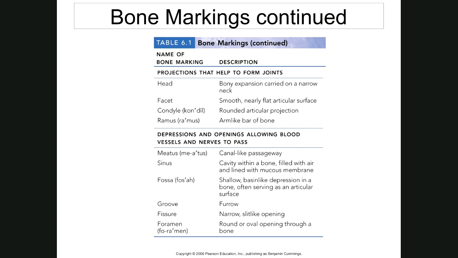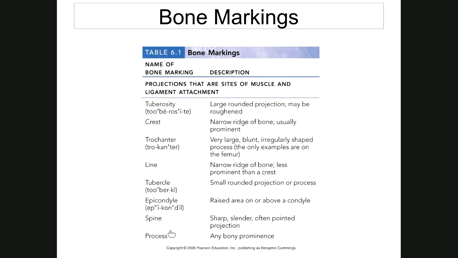A spine: a sharp, slender, often pointed projection. We will see several spines too. Some of these spines have a particular name, which we'll look at, like the spinous process.